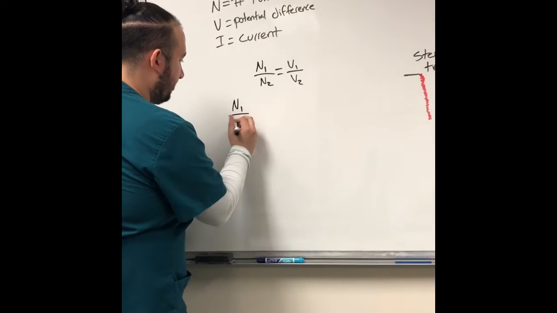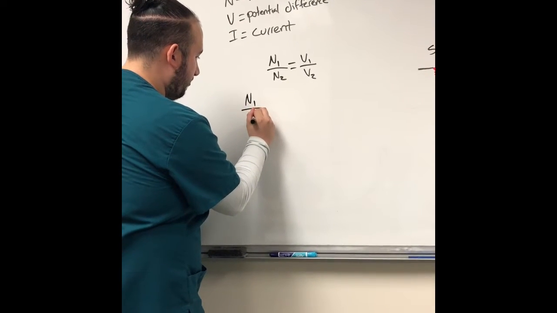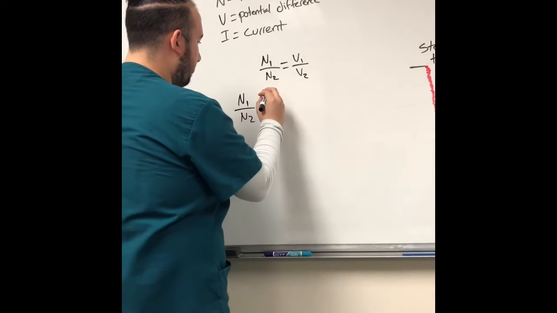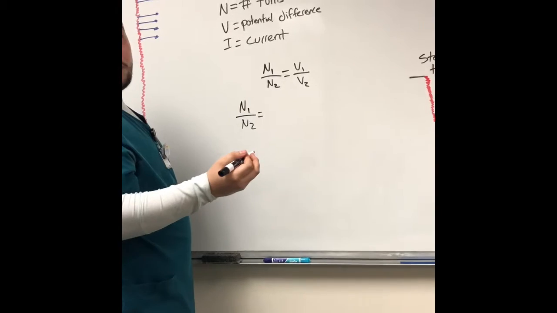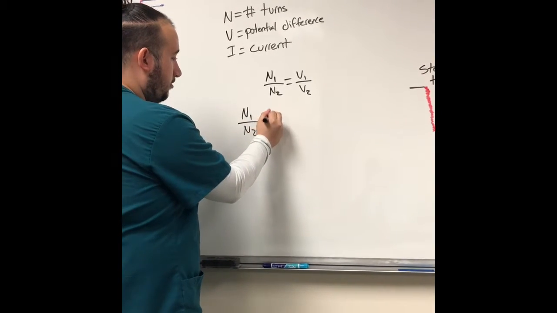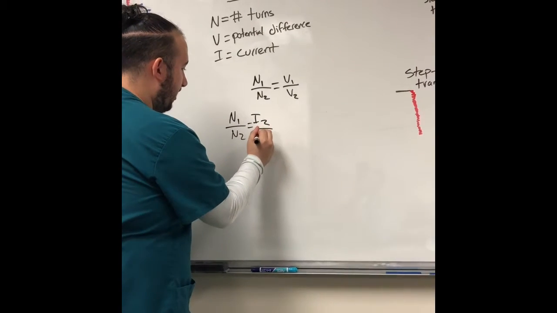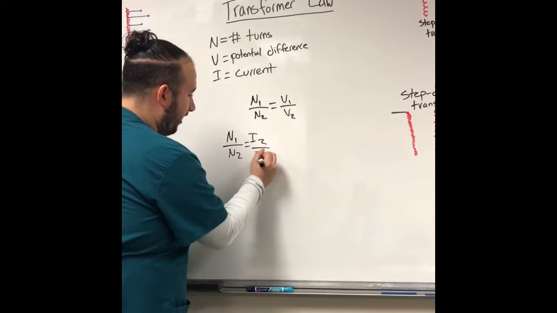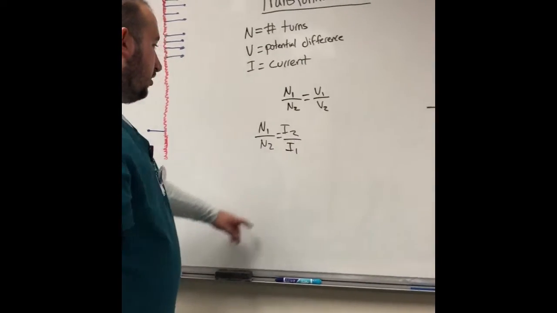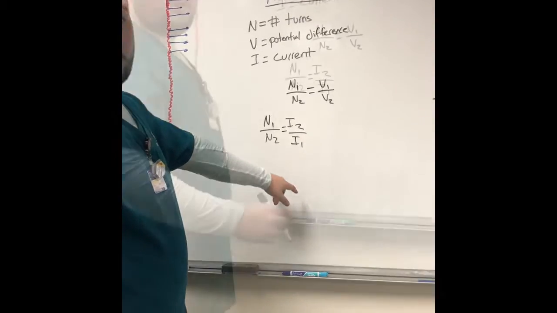So the second formula in the transformer law is that the number of turns in the primary is inverse to the current. So it'd be N1 over N2 is equal to I2 over I1, which shows that it's inversely proportional.